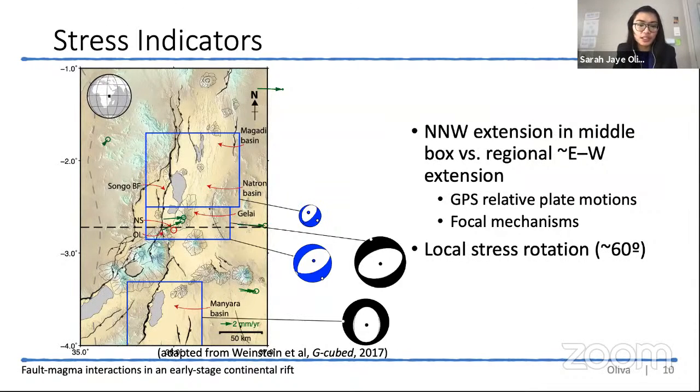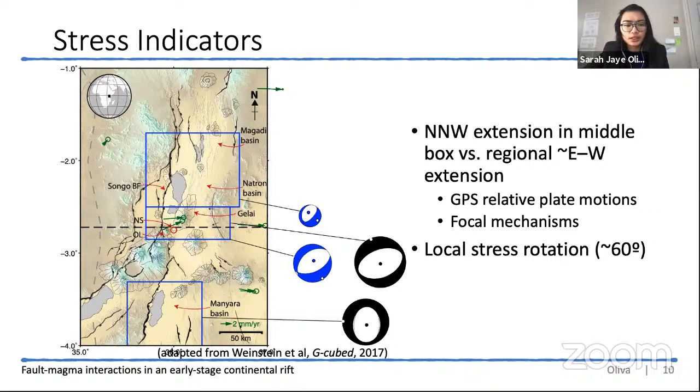Other seismicity studies in the north and in the south, as well as our local earthquakes and teleseismic earthquakes north and south of that middle box, suggest roughly east-southeast or east-west extension. The green arrows on the plot are GPS relative plate motions, which also reveal about east-west extension. And so it seems that in this middle blue box we're observing a local stress rotation of about 60 degrees, where the local stress field dominates the regional stress field that's mostly east-west in this region.